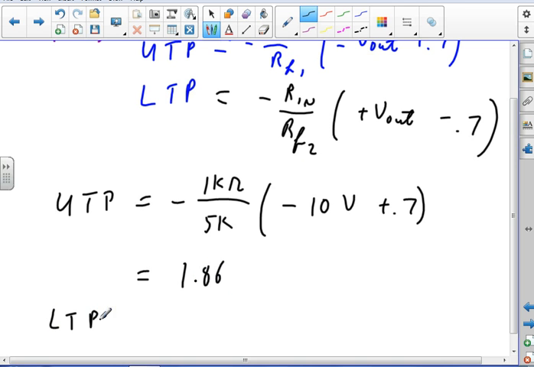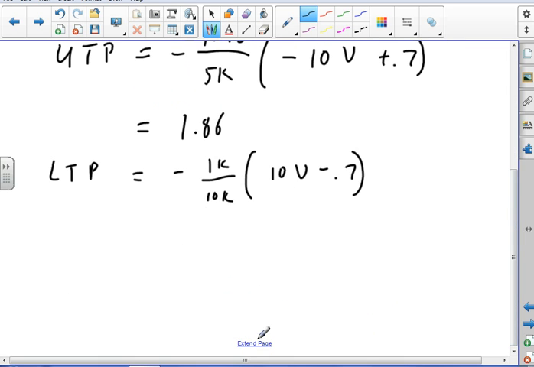Lower trip point: minus 1K divided by 10K, times 10 volts minus 0.7. So I've got 1/10 times 9.3 minus 0.93 volts.